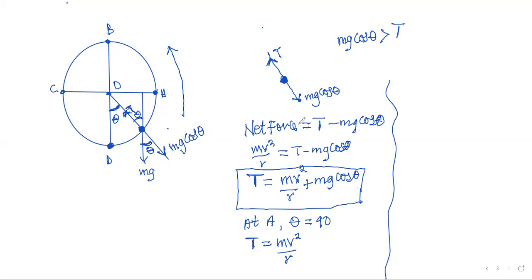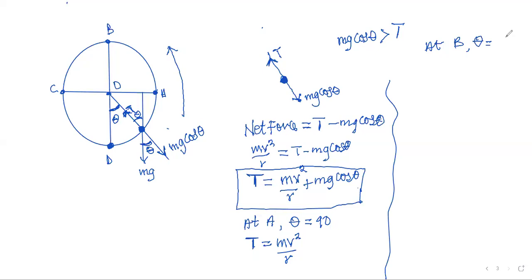When the body moves to B, what's the angle? When it moves above the circular path, what is the angle theta? 180 degrees.